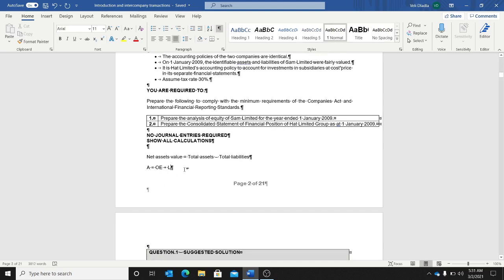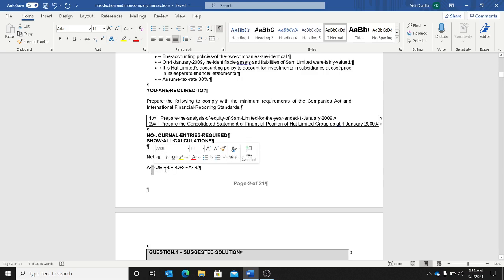Now, if I convert this, if I want to express the same thing, I will say A minus L. Remember, if I take this L and transfer it over the equal sign, according to mathematics you must change the sign.